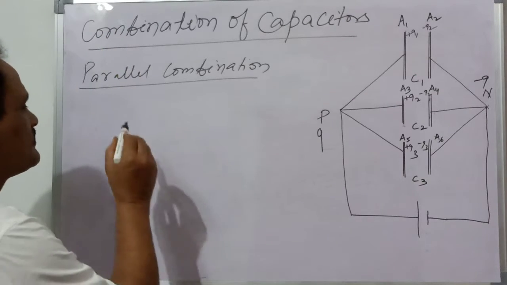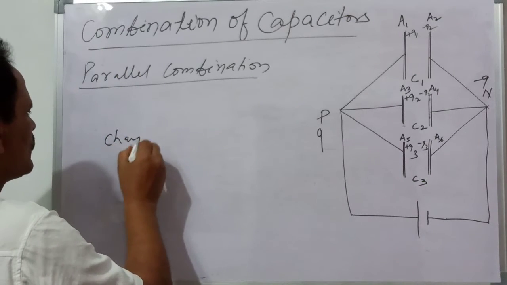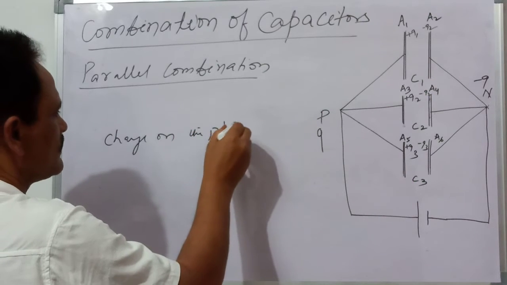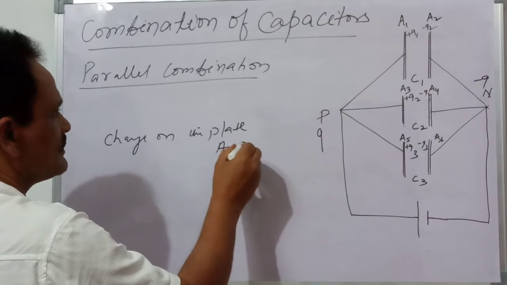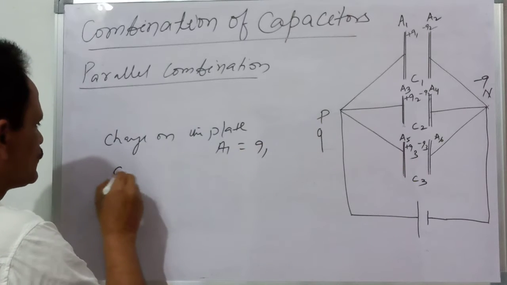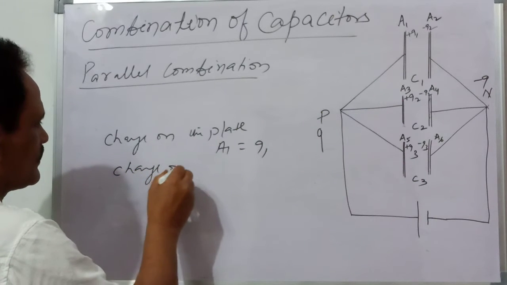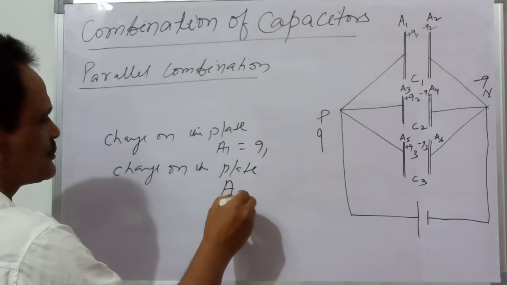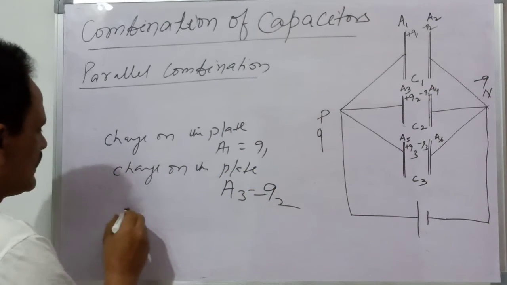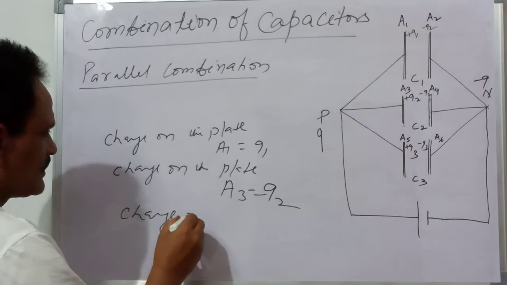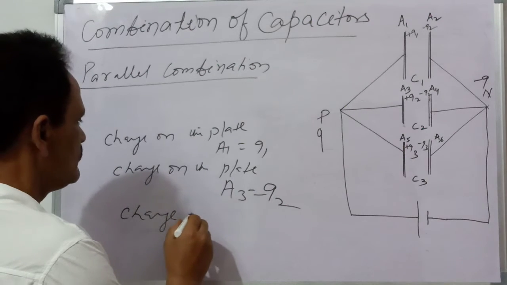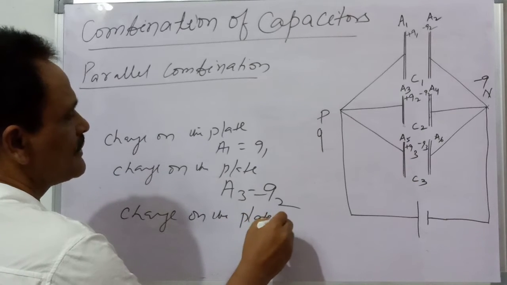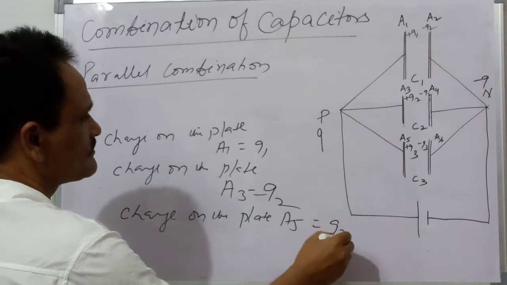So the charge on the plate A1 is Q1, the charge on the plate A3 is Q2, and the charge on the plate A5 is Q3.